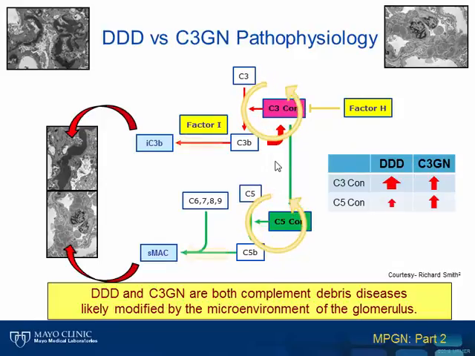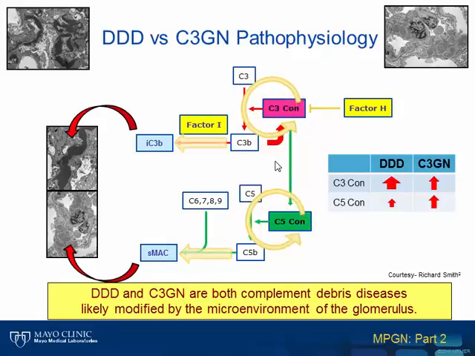On the other hand, when the C3 convertase is more active than the C5 convertase, we think these patients might end up with dense deposit disease. This is just speculative at this point, and that's what I'm trying to show you here: in dense deposit disease, there's overactivity of the C3 convertase compared to the C5. In C3G, the thinking is both C3 convertase and C5 convertase are equally active.